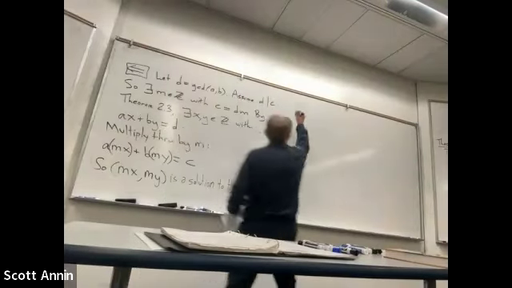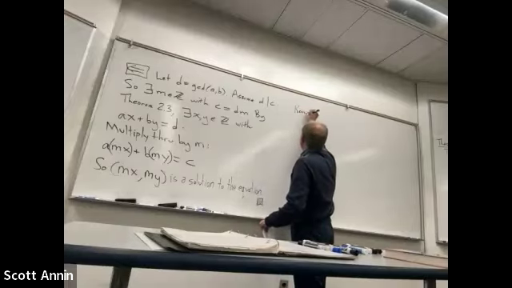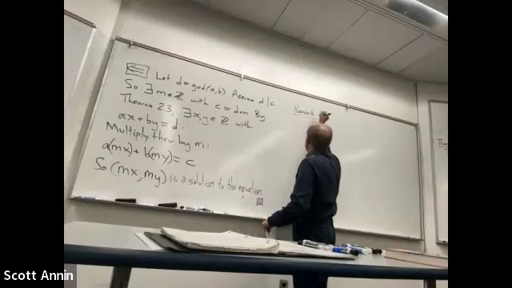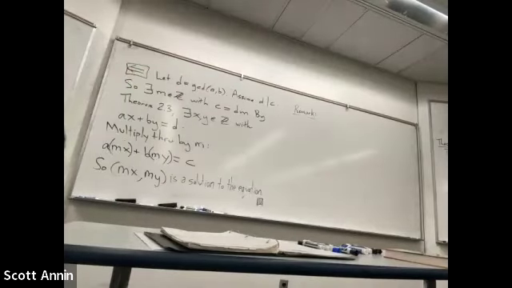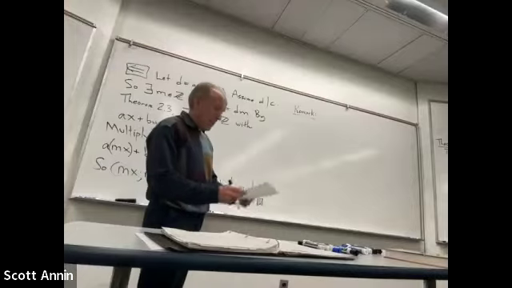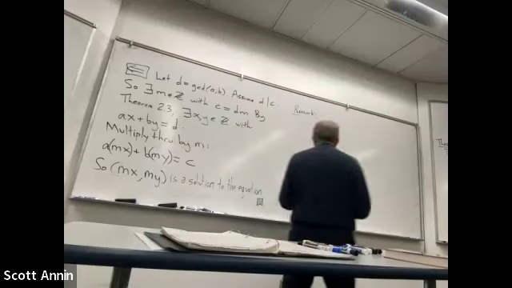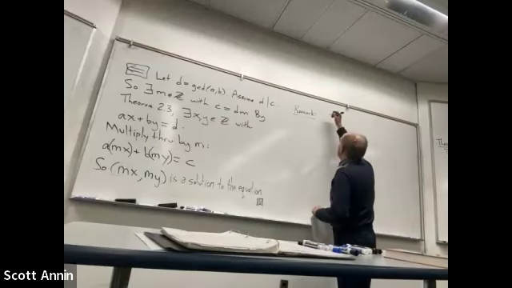But I do want to talk about how you would then generate all of the solutions. It turns out we can create an algorithm for finding every solution to our Diophantine equation in the case that there is a solution. Okay, so let's make this as a remark. So I guess I'll put it right here.